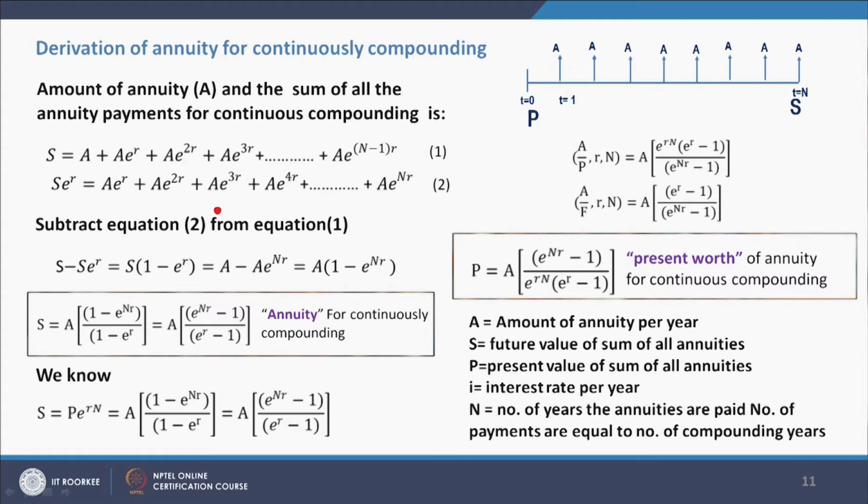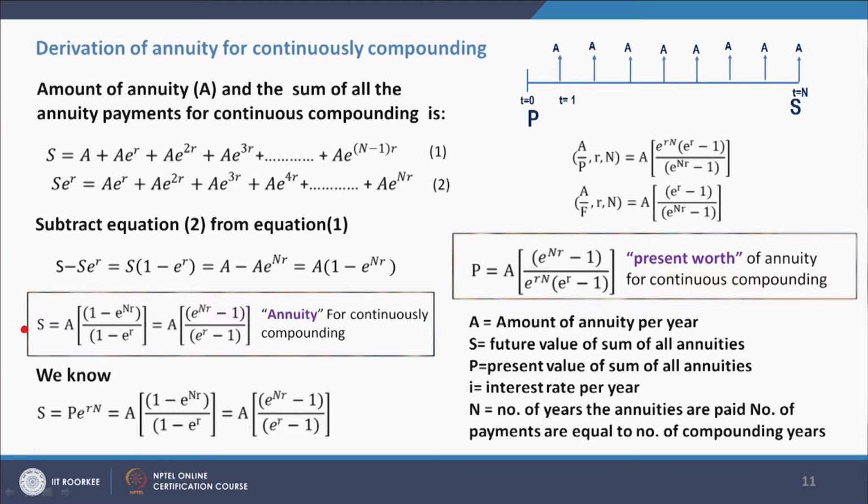Now, if I subtract equation 2 from equation 1, this is S − S e^r, which is S(1 − e^r), equal to A − A e^(nr), which is A(1 − e^(nr)).